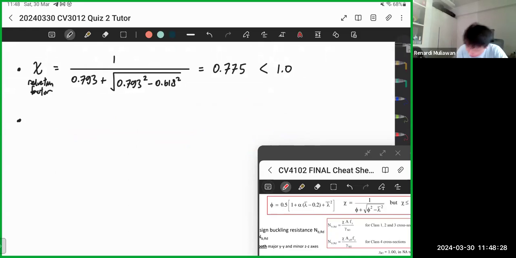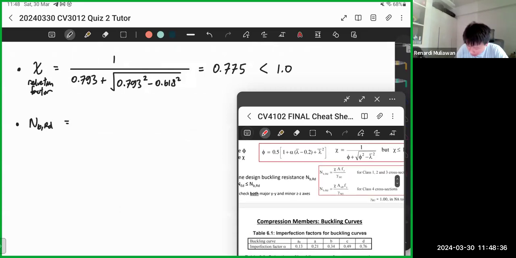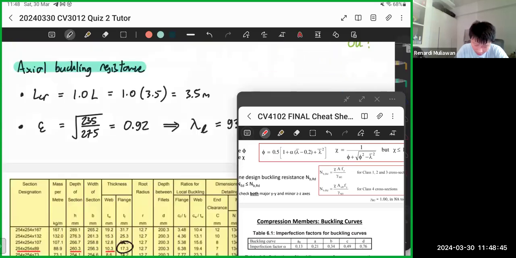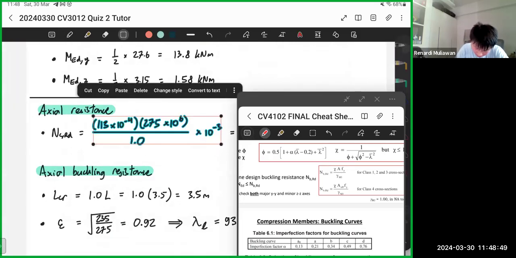Just so you know. Now we find MBRD. It's 0.775 times the area. Again, what's the area? It's the same as the one before.